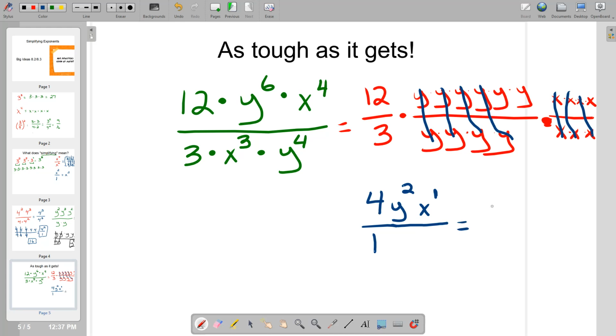So our answer to our problem, which seems a little bit weird, is 4y squared x, or x to the 1st. You could write this in any order because these terms are being multiplied together. So I could do 4xy squared, or I could even do x 4y squared. It doesn't matter as long as it is true and all of the numbers have been simplified correctly.